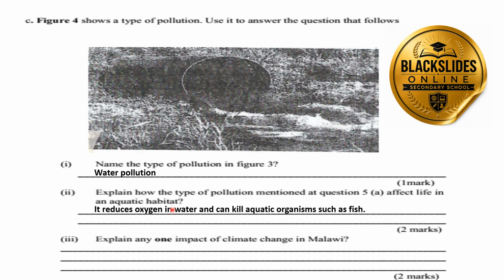The oil prevents oxygen dissolving into the water. In the process, it's going to suffocate plants and the animals living in it. The oil will coat the gills and that will prevent fish from breathing, and eventually they will die.